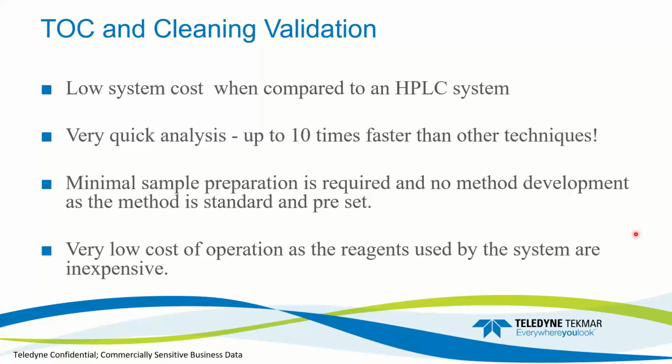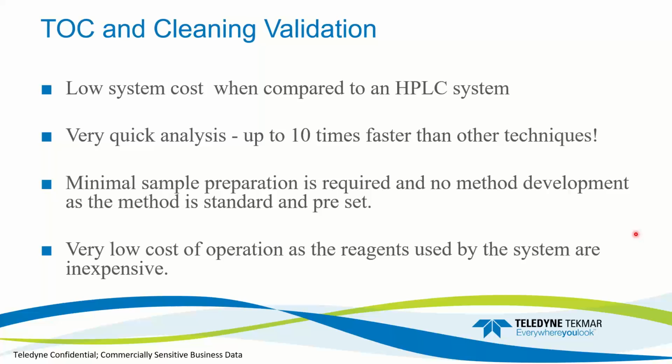Minimum sample preparation is required. So for TOC, you basically collect the vial of water, place it into the system. Sometimes people might preserve it, but you don't have to if you're sampling and running it that day. But with HPLC, you've got to get the sample, dilute it in your buffers, make your buffering solutions. You've got to do a lot of different stuff. And also method development.